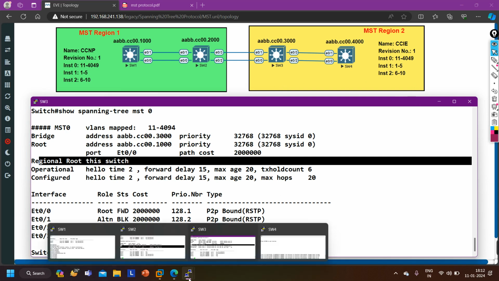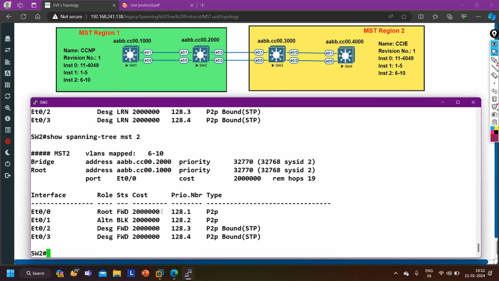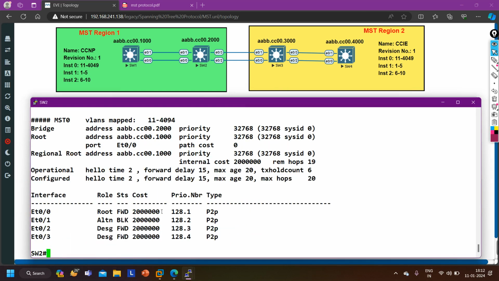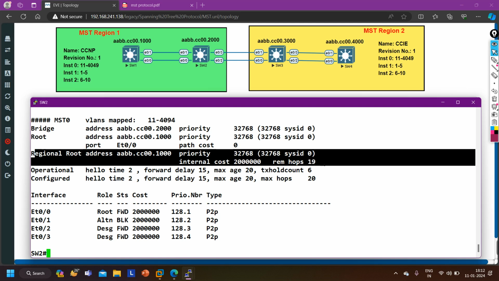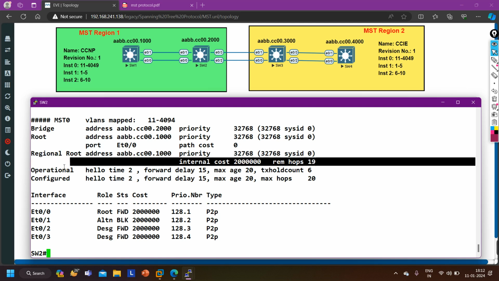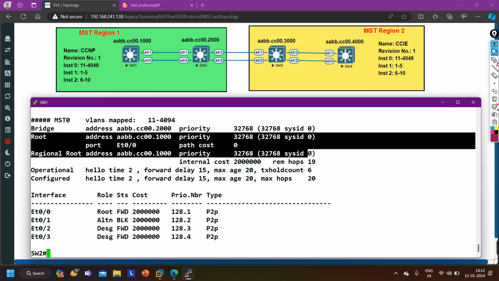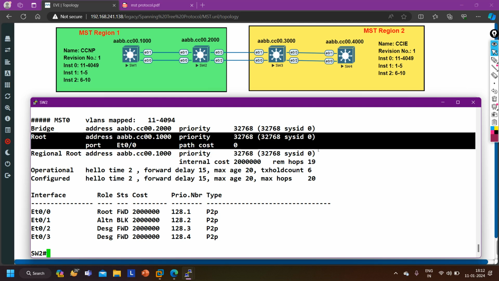In the same way, on switch number 2, if you run the command show spanning-tree mst instance 0, you can see the regional root bridge information. Again, this is the root bridge ID of switch 1, and this is the CIST, again the bridge ID of switch 1.